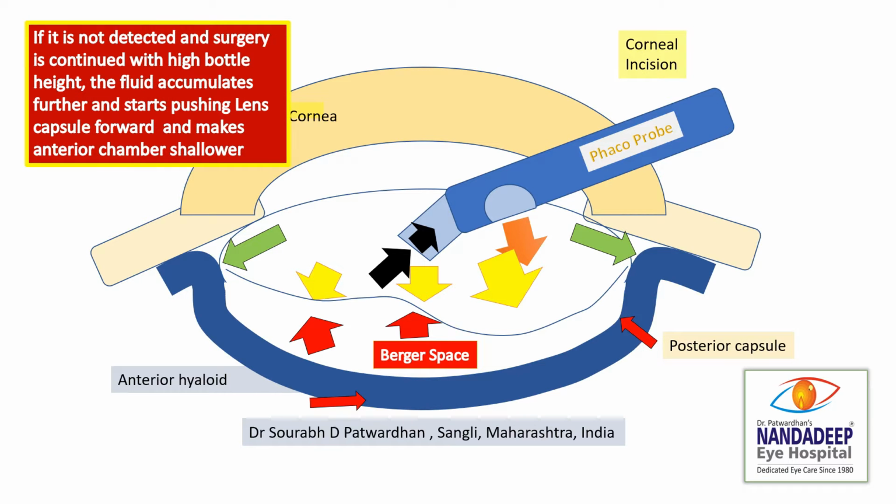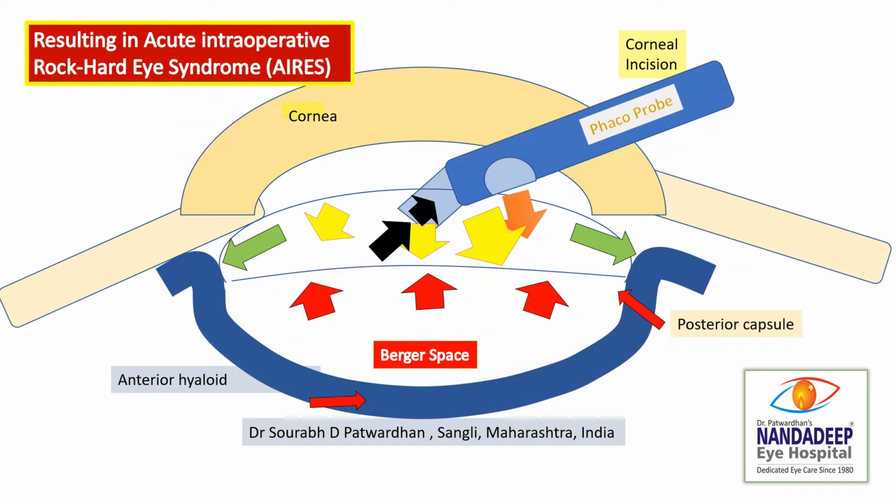But if it is not detected and the surgery is continued with the high bottle height, the fluid accumulates further and starts pushing the lens capsule forward, making the anterior chamber shallower. This will further push the iris anteriorly and it will result in acute intraoperative rock hard eye syndrome, AIRES.